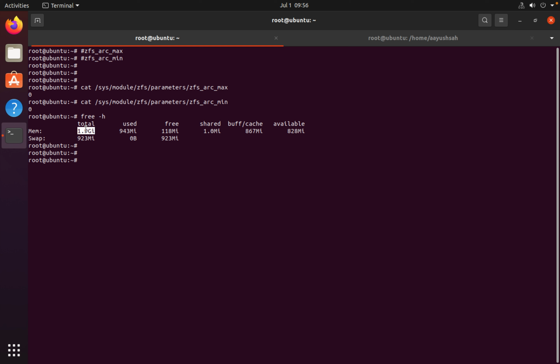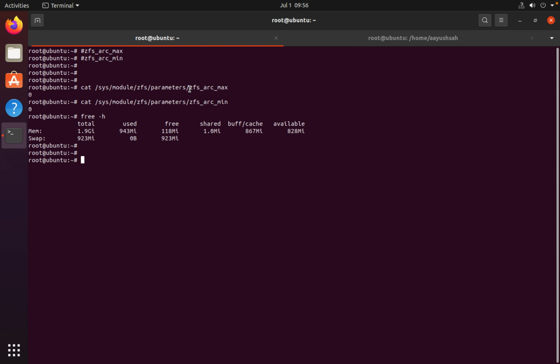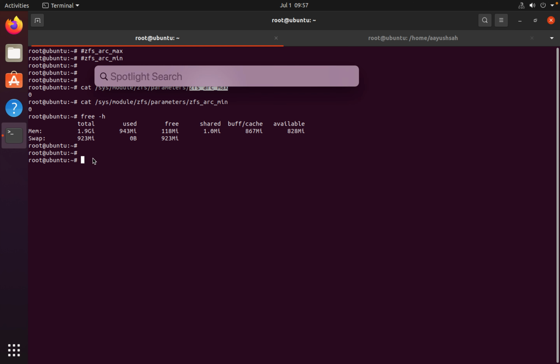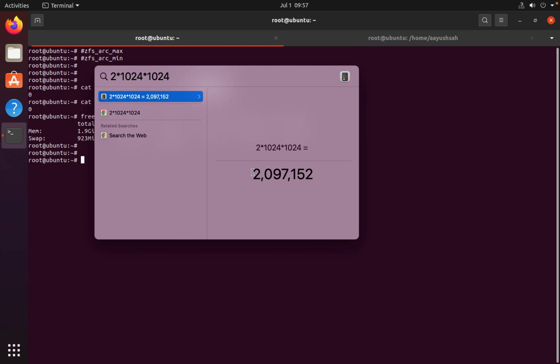Since this is 2 GB, 1% would be around 2 MB. The value should be in bytes, so the amount of memory which we allocate here should be in byte form. So 2 MB in bytes should be around this value, 2097152.